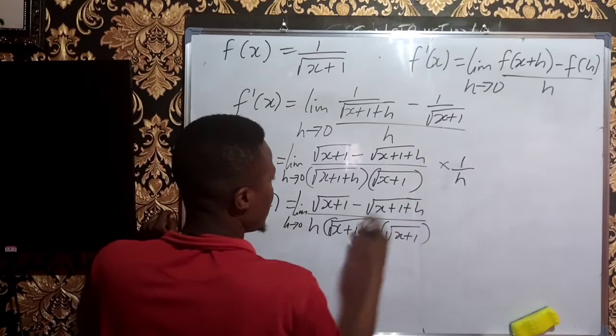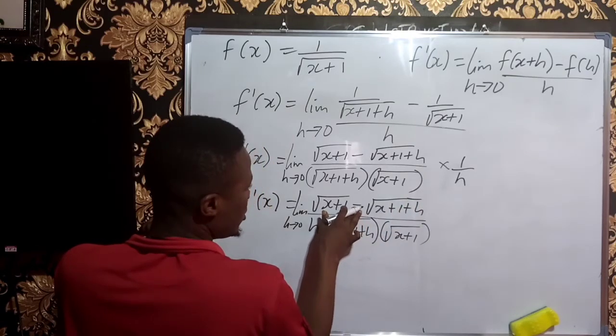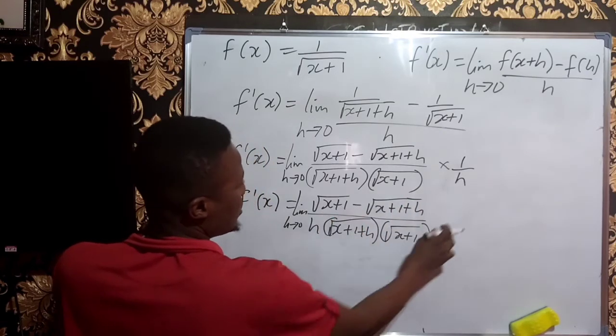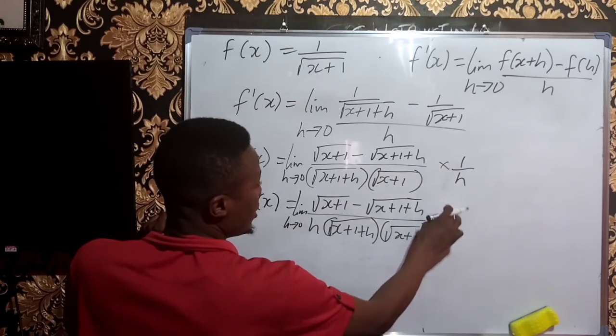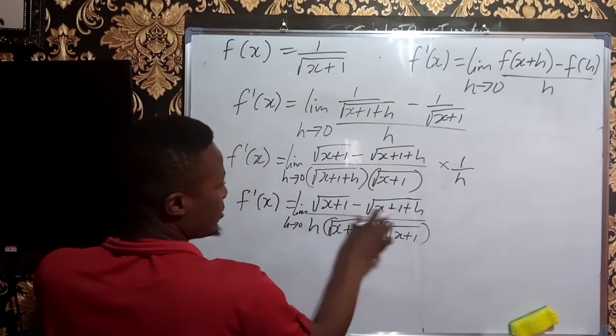If I rationalize this to make the denominator rational, I'm going to multiply both numerator and denominator by the conjugate of this fraction here.